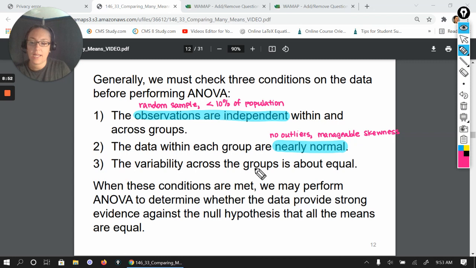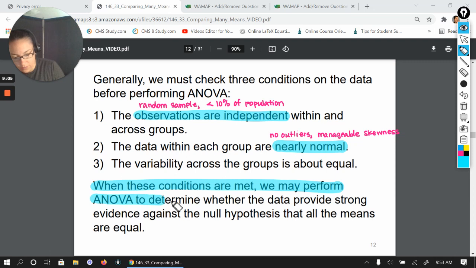And number 3 is that the variability across the groups is about equal. When these conditions are met, we may perform ANOVA to determine whether the data provides strong evidence against the null hypothesis that all the means are equal.